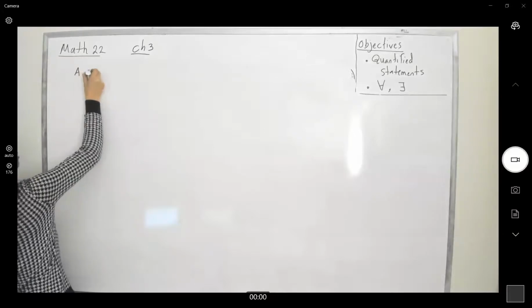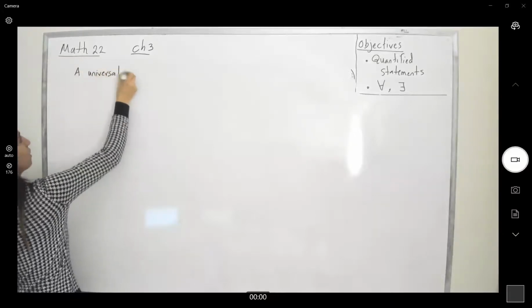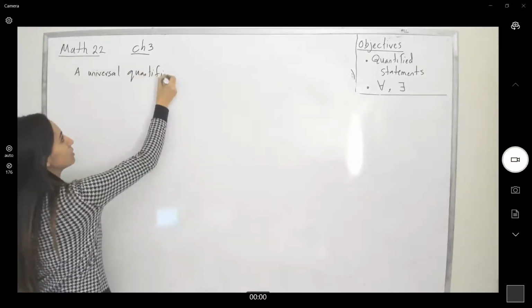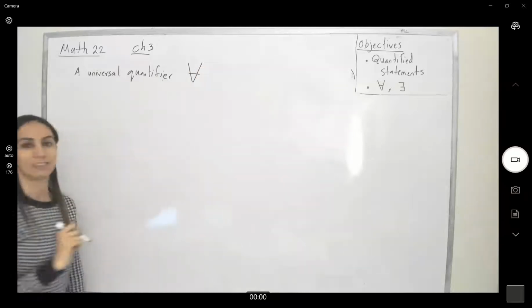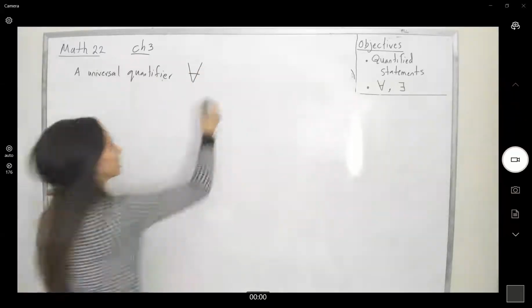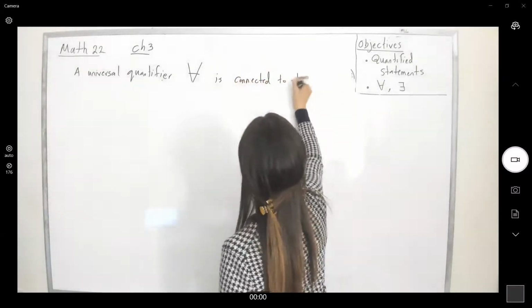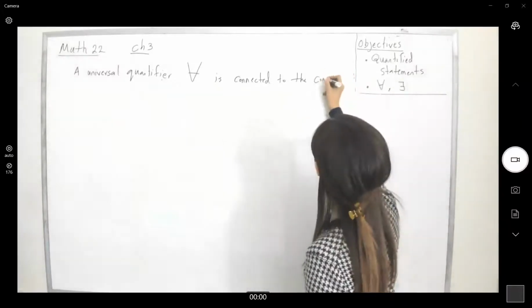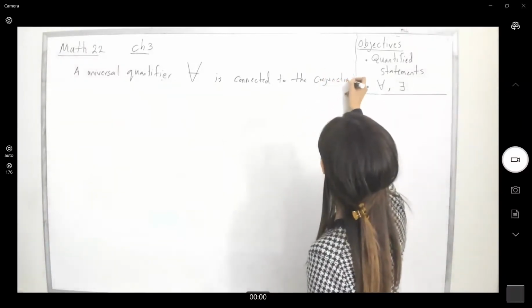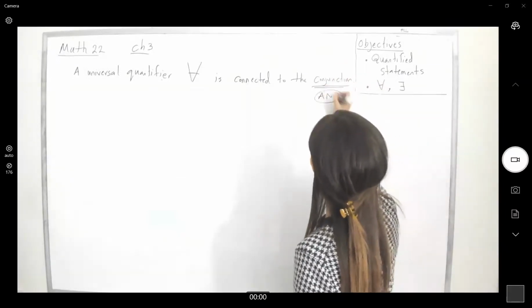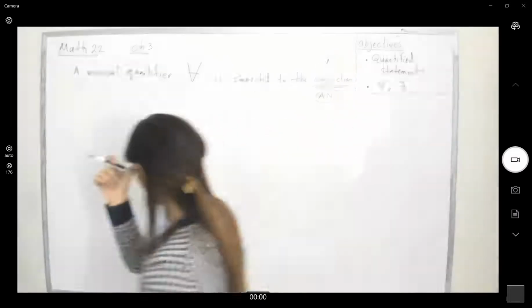So a universal quantifier, for all, for any, for every, is connected to the conjunction, conjunction or AND.